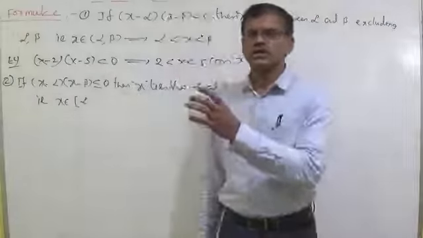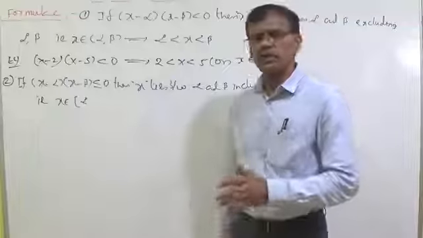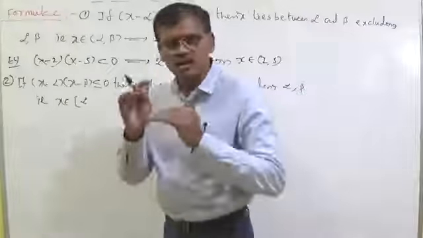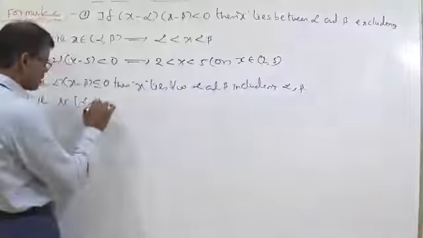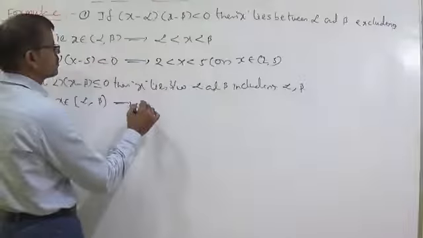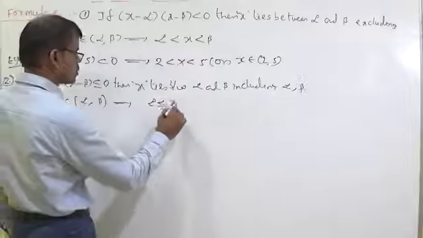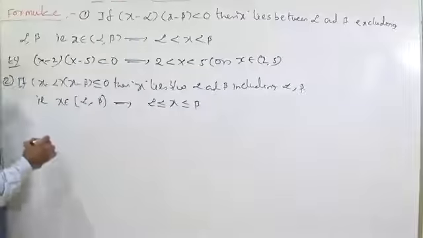So the value of x, a real number we are thinking of, lies between alpha and beta. Including means alpha also belongs to such an interval and beta also belongs to such an interval. That means a closed interval. That implies you can understand this as alpha less than or equal to x less than or equal to beta.